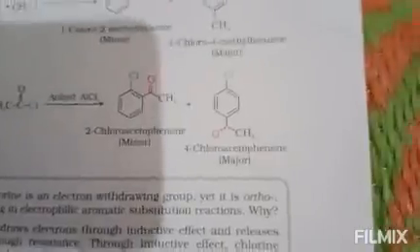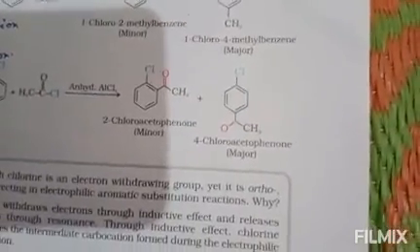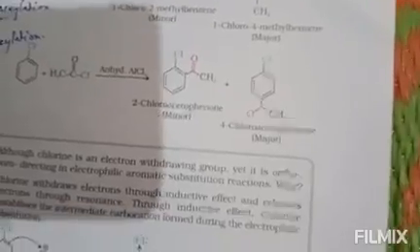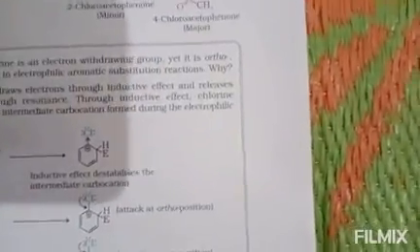So this CH3COCl we call acyl chloride. So this is what we have, and this question was already there. I have already told the answer also. Chlorine is an electron withdrawing group, yet ortho and para directing in the electrophilic substitution reactions. Why? This was already explained.